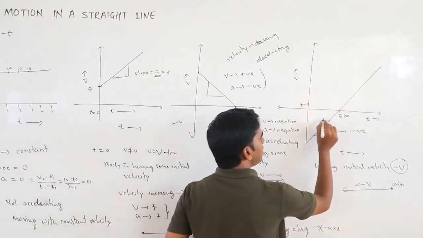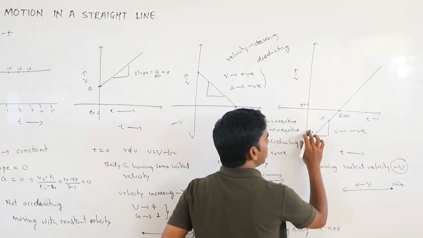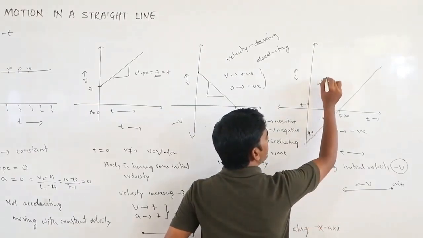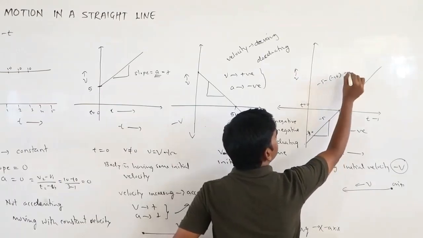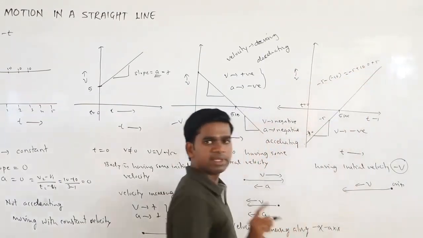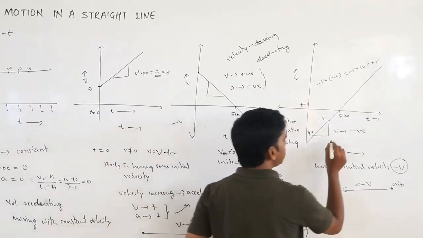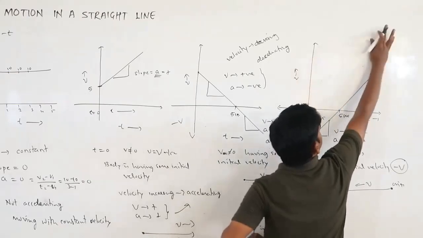If you take this as -5, this as -10, then -5 minus -10 is -5 plus 10, so it will become +5. That means the slope is coming positive, which means acceleration is coming positive.